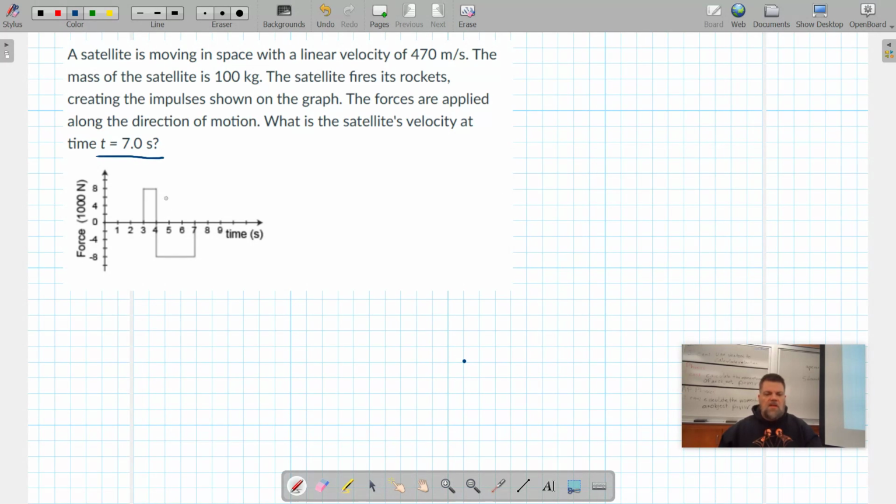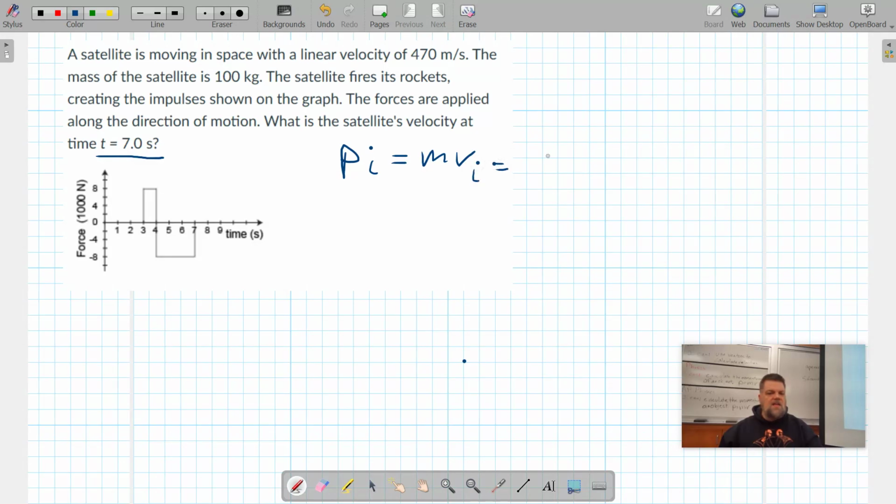Okay. So here's an interesting thing. So let's first figure out what the initial momentum is. The initial momentum is equal to the mass times the initial velocity.